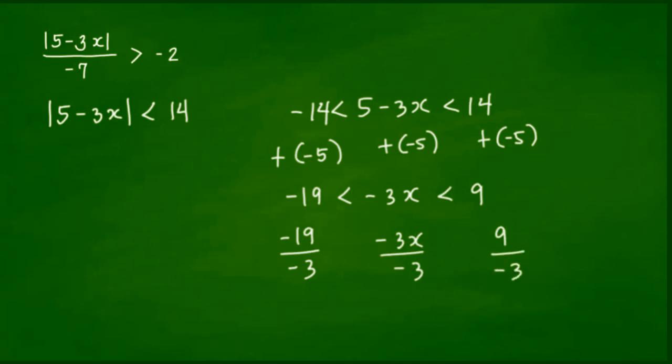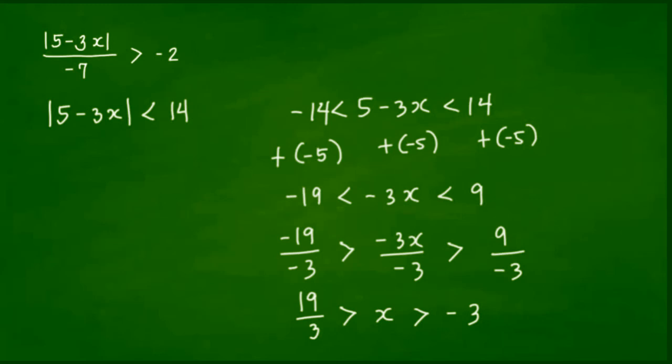But since this is a negative number, this inequality symbol will change direction from less than to greater than. So therefore this becomes greater than, and then greater than, and negative of negative is a positive. So this is 19 over 3 greater than x greater than negative 3.